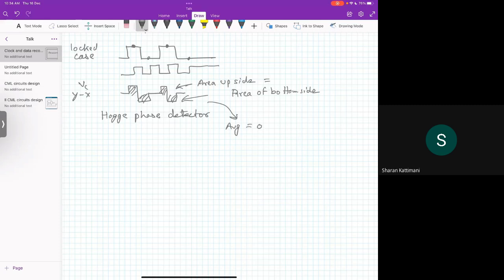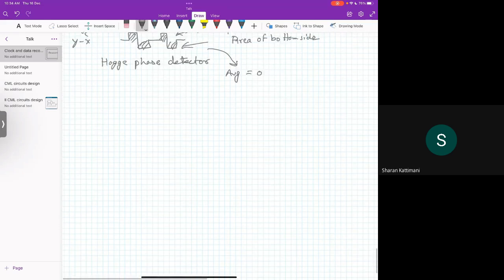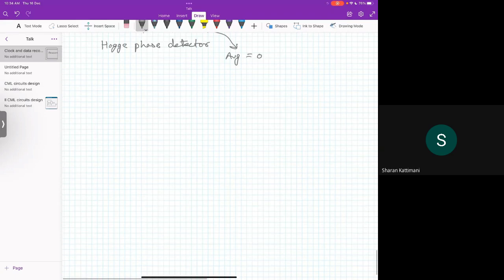Okay, and the clock is aligned with the data at the center point. But we know that this is only the phase detector operation, but how to get a good clock also. Okay, because we need to generate the clock also, and then we can work on it.